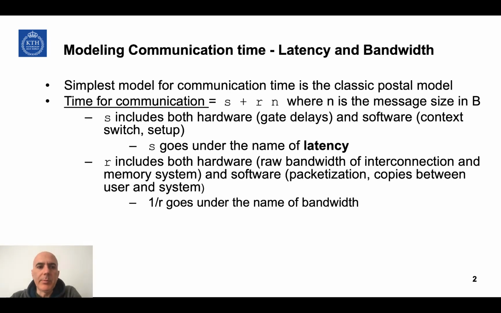In this model, the time of communication is modeled as S, that is a constant, plus a factor R multiplying n, where n is the message size in bytes. So given any MPI communication, we can model the time it takes to do the communication by having access to three pieces of information.